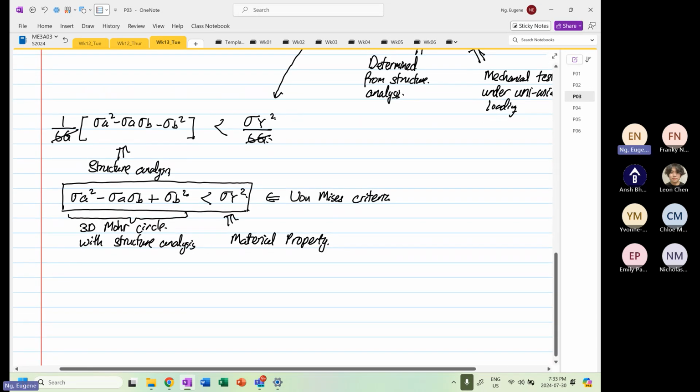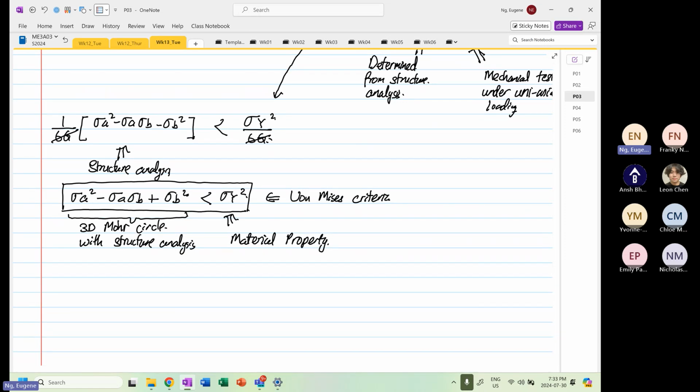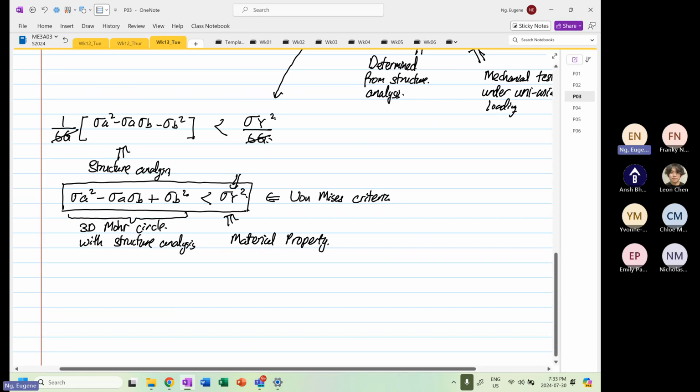So in this context, you have to realize that stress A and stress B are principal stresses. Why do we have to use principal stresses? Because the material property is under what? Uniaxial tensile test.